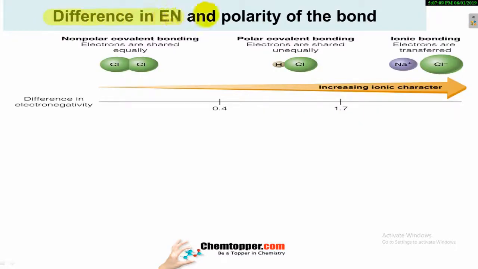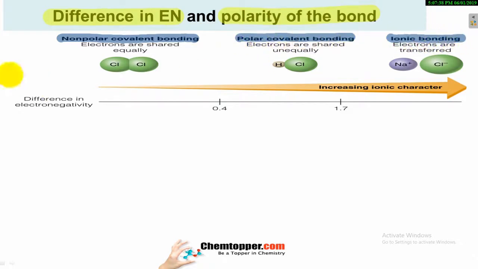Difference in electronegativity causes polarity of a bond. The greater the difference in electronegativity, the greater the polarity of a chemical bond. Based on that, we have three categories of chemical bonds: non-polar covalent bond, polar covalent bond, and ionic bond. When the difference in electronegativity is less than 0.5, for example in the Cl2 molecule, the difference here is 0 because both atoms are identical.